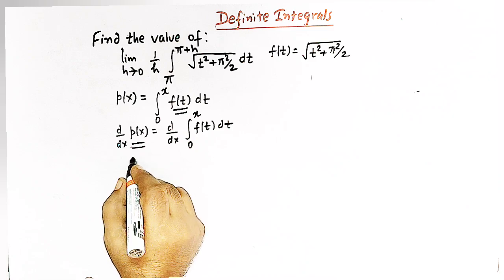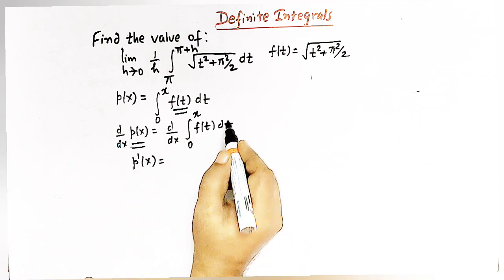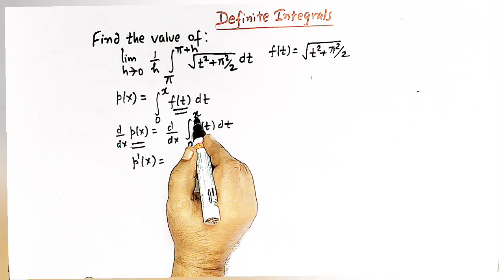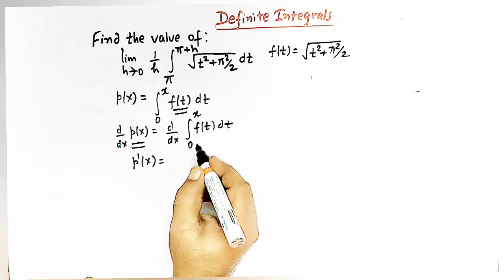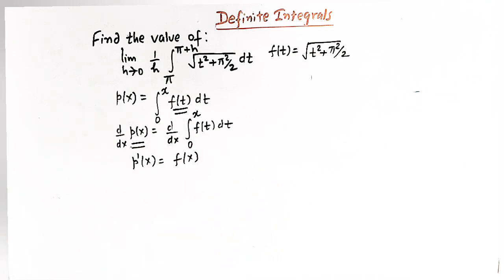This is p prime of x, and the derivative of this integral, where the upper limit is a function of x, is simply f of x, due to the fundamental theorem of integral calculus.